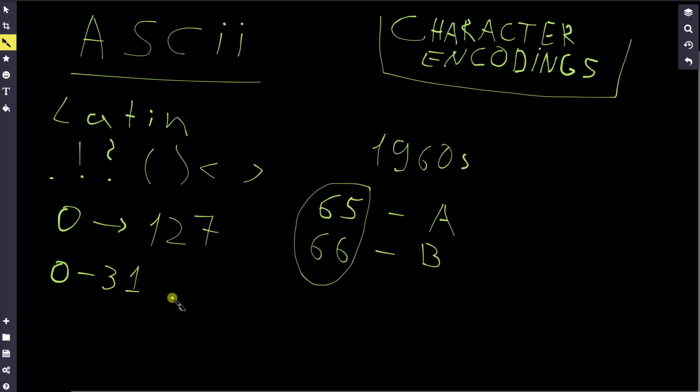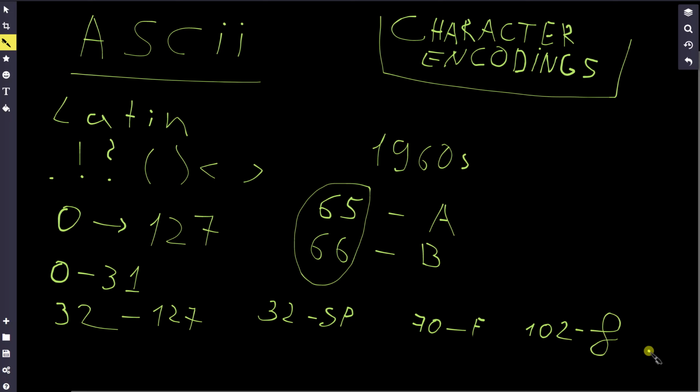Some were actually inspired by typewriter functions, so we had a backspace character, new line character, carriage return, etc. But then, from 32 to 127, we have regular characters. For example, 32 means space, or 70 means F, or 102 means F but in lowercase.